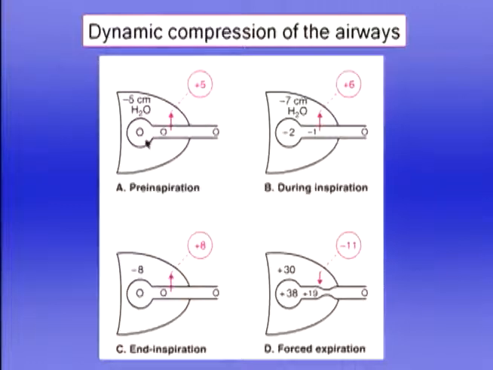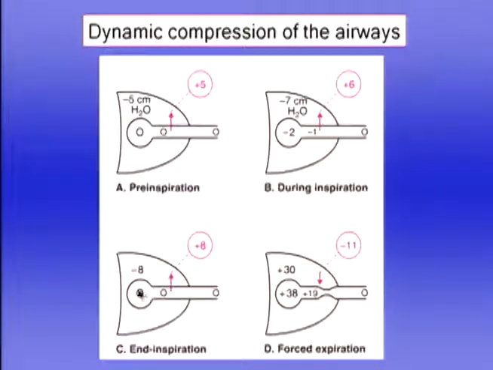Well, if we consider the situation right at the beginning of inspiration, before lung volume is changed, then the difference between alveolar and intrapleural pressure is the same, 5 centimeters of water. So that enables us to say that the intrapleural pressure at the beginning is going to be -7 centimeters of water.